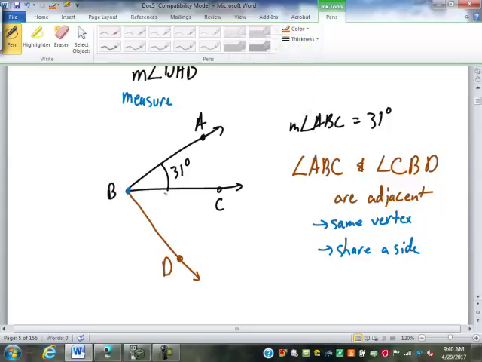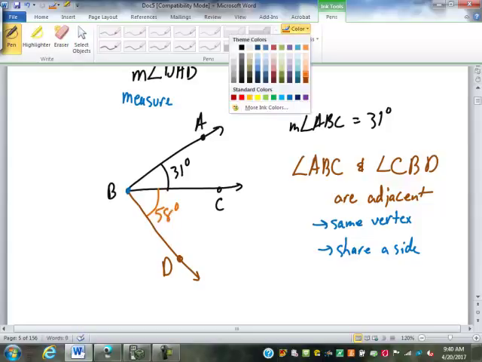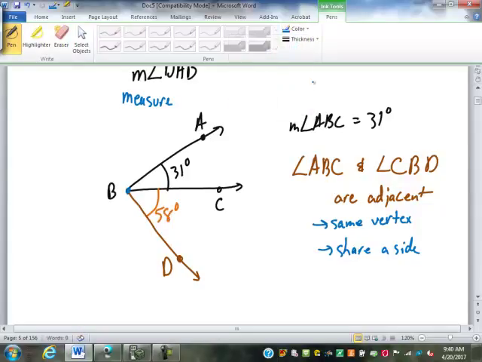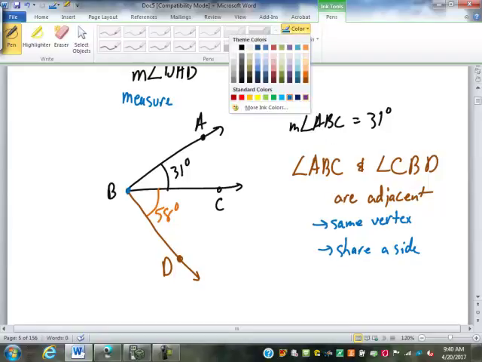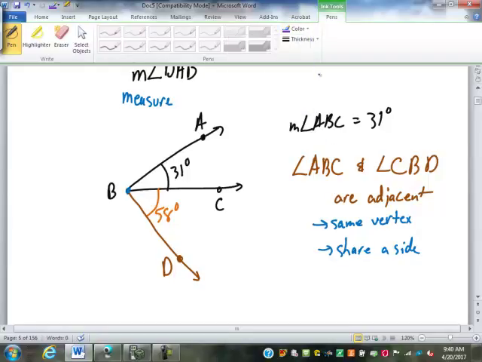And if I were to tell you that angle CBD here is 64 degrees, actually that's not going to work. Let's make it 58 degrees. I can then look at doing some math, some arithmetic with these angles. I could ask, what is the measure of angle ABD?